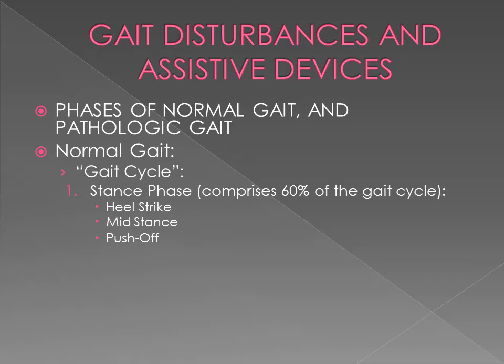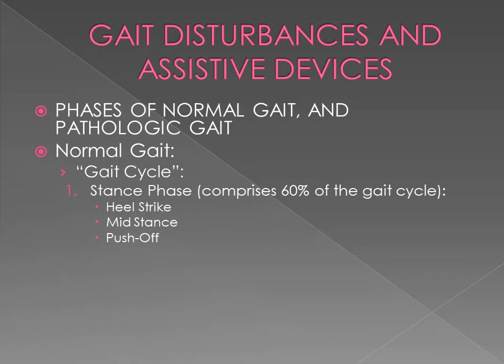Now, throughout the gait cycle, 60% of the time is occupied with the stance phase, and 40% of the time is occupied with the swing phase. So 60% of the time is weight-bearing, and 40% of the time is non-weight-bearing. Understanding this 60-40 ratio makes it easy to detect what is described in the AMA guides as, quote, an antalgic limp with a shortened stance phase, unquote.